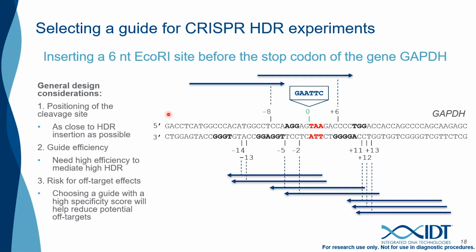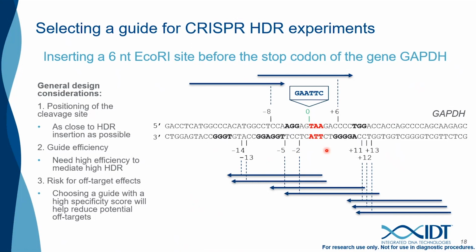And so in this case, we are inserting a 6-base EcoR1 restriction site right before the stop codon of the GAPDH gene, shown here. And I've highlighted several PAMs that are within the region. So you can see we have some guides that edit very close to our target HDR edit, and then others that will generate a double-stranded DNA break within 15 bases.